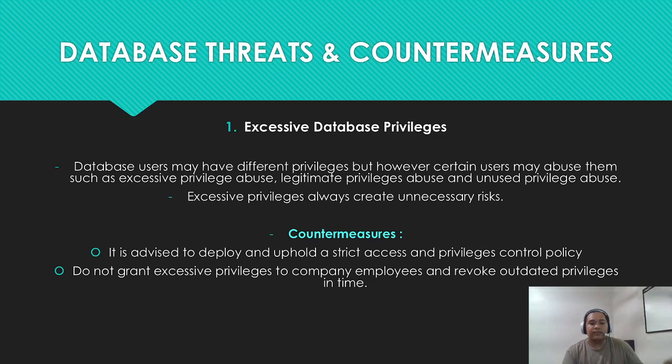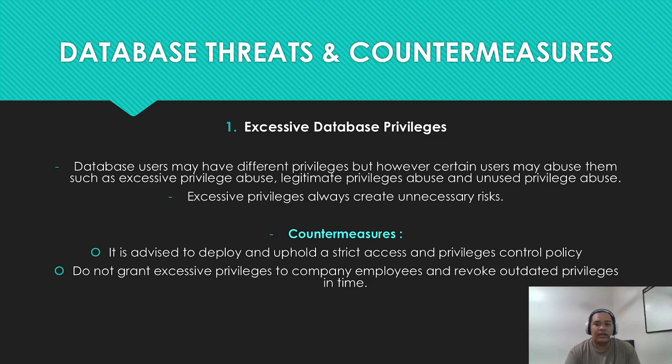So the first database threat is excessive database privileges. Database users may have different privileges, but certain users may abuse them, such as excessive privilege abuse, legitimate privilege abuse, and unused privilege abuse. Excessive privilege always creates unnecessary risk. So how can business owners or companies prevent excessive database privilege?